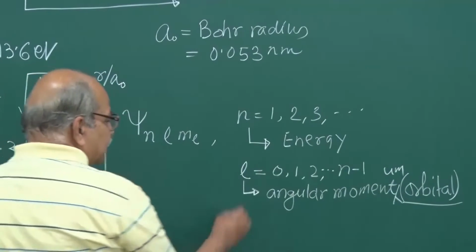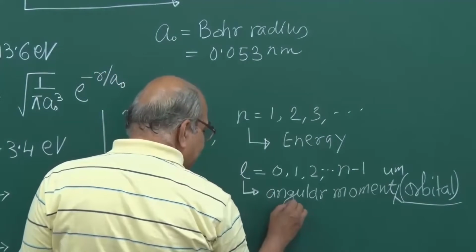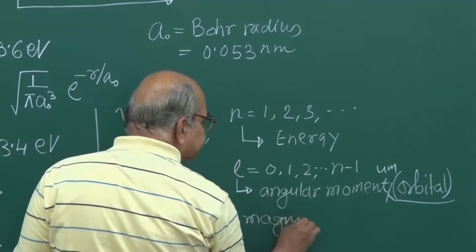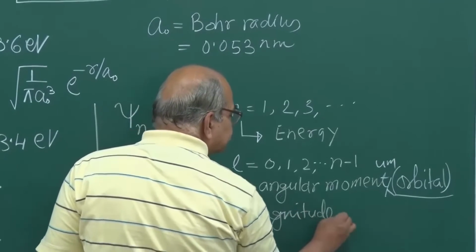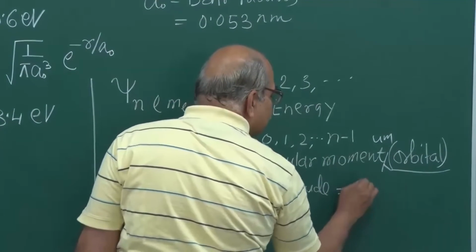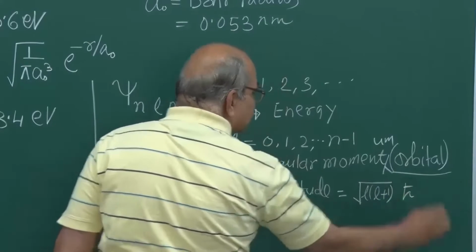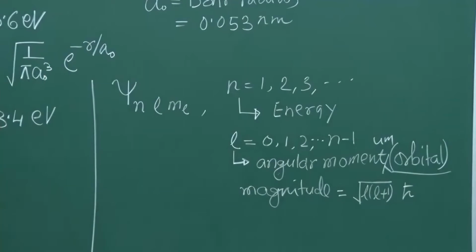In fact, L is related to the magnitude of orbital angular momentum, and this magnitude is the square root of L times L plus 1, times h cross. So that's the magnitude of angular momentum.